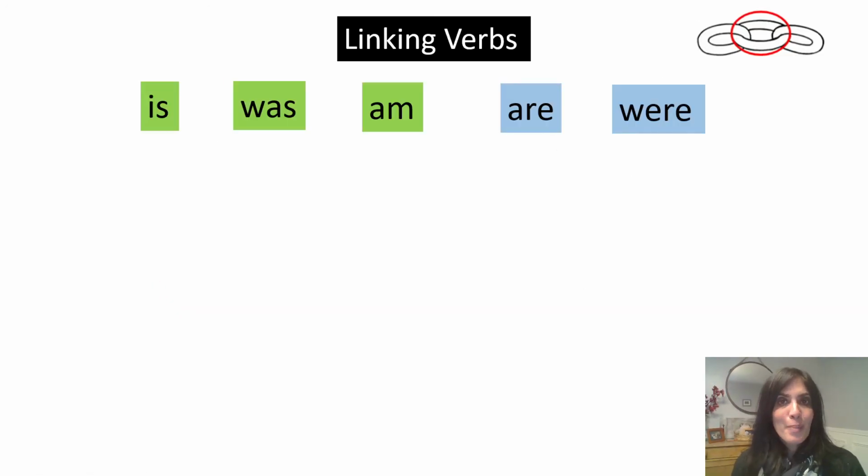Do you remember a few lessons ago when we learned about linking verbs? A few of the linking verbs we learned about were linking verbs like is, was, am, are, and were.